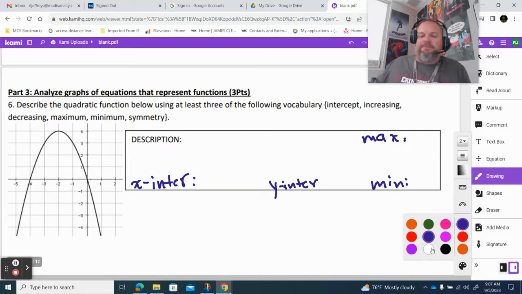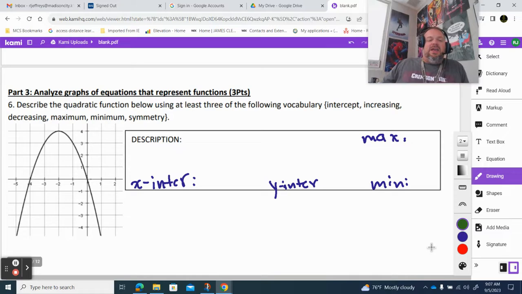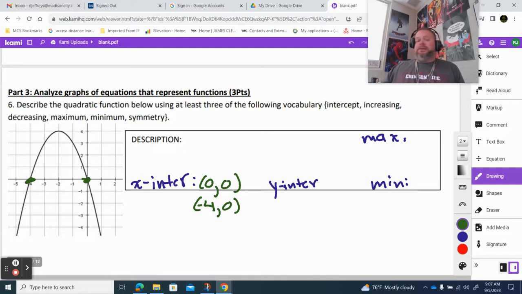So if we're doing X intercepts, does it have any X intercepts? Yep. Now, I will tell you this: if there's 2 X intercepts, you have to list both of them to get the points. Y intercept.